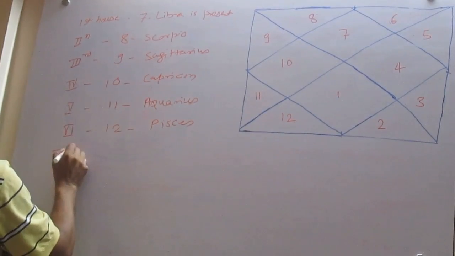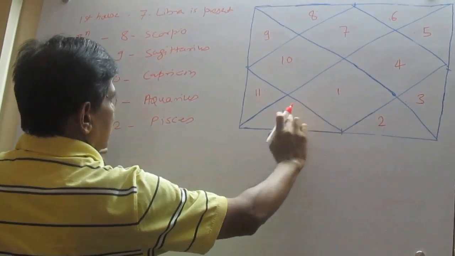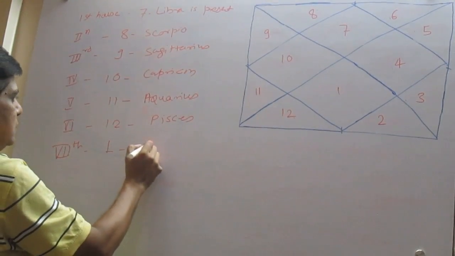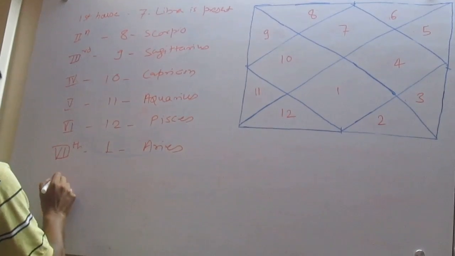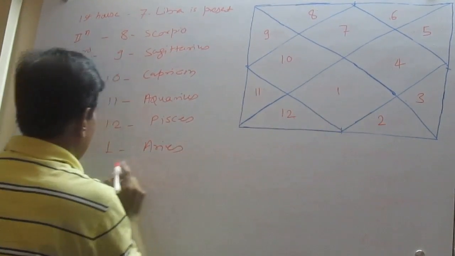Seventh house, Aries. Eighth house, Taurus.